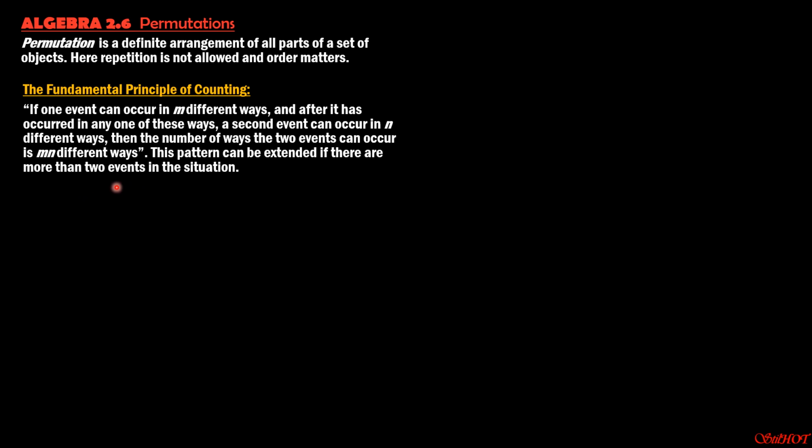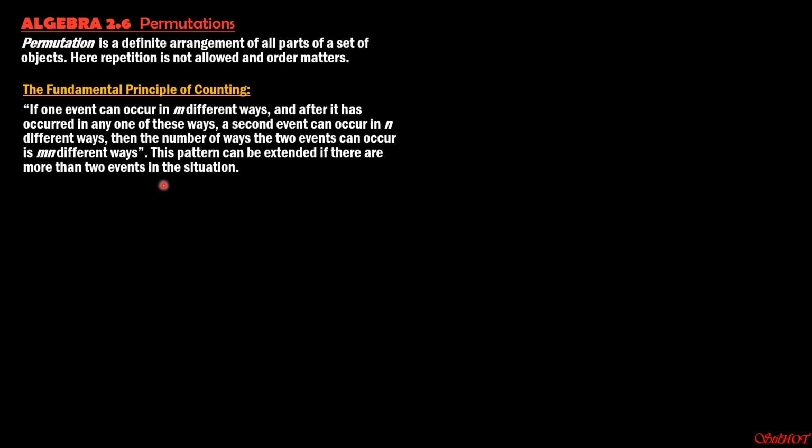In particular, these 6 different ways of wearing a pant and a shirt would be Levi's and Giordano, Levi's and Bench, Levi's and Hanes. So that's already 3. Then Lee and Giordano, 4th.